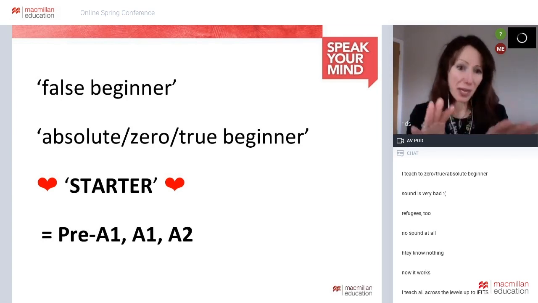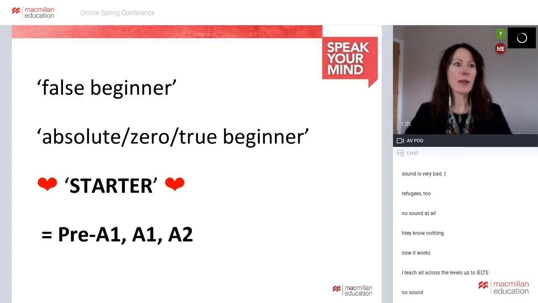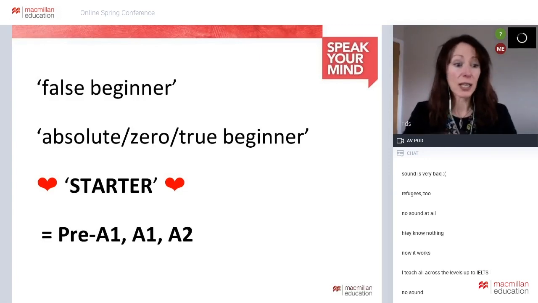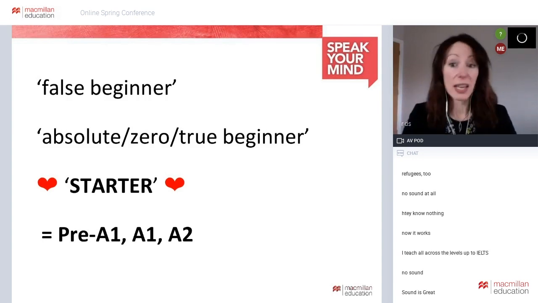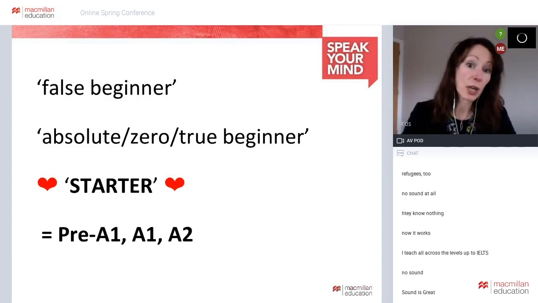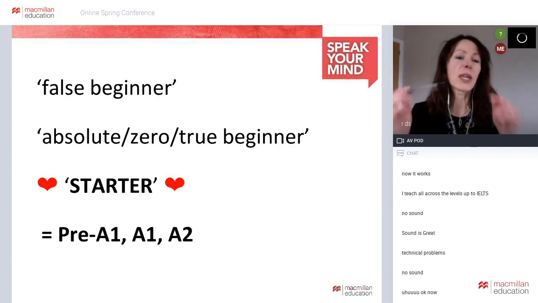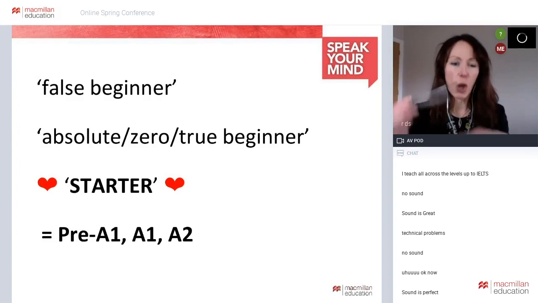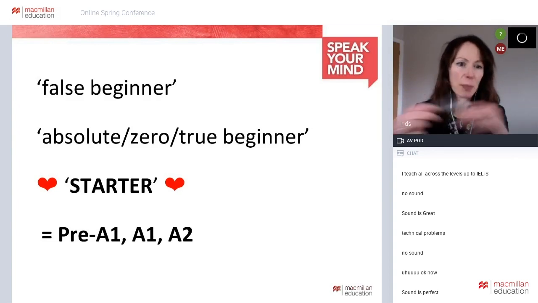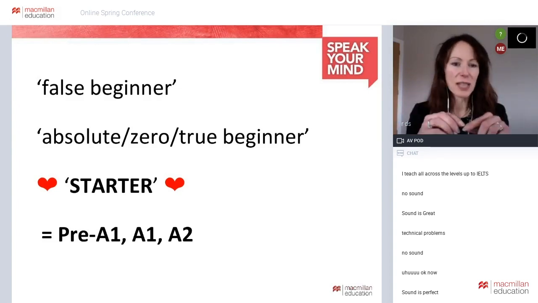It's my favorite term. It's a catch-all for whatever your circumstance. English could be the third, fourth, fifth language that you're learning. You could be any age. You could be in your home country, or in another country. Wherever you are, it's the start of your journey on the language trip. So for me, starter is a fantastic term.